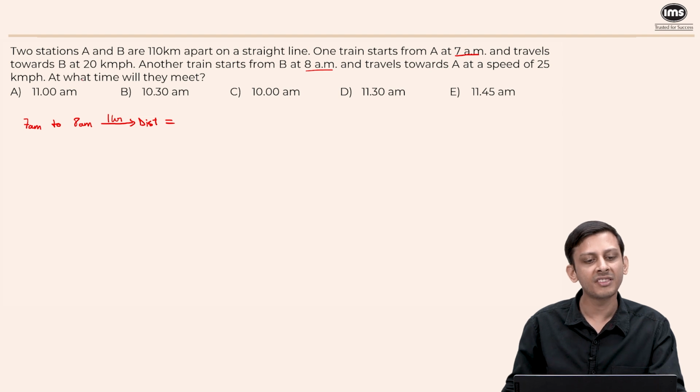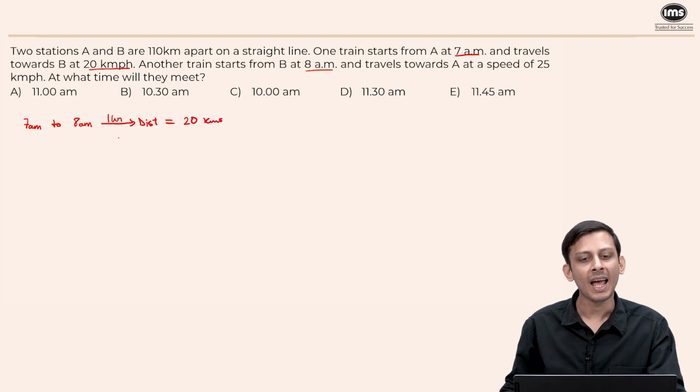So the speed of the first train is 20 kilometers per hour. So in the time of 1 hour, it will cover the distance of 20 kilometers. And the trains are traveling towards each other. So the first train will reduce the gap between them by 20 kilometers. And now the distance between them at 8 a.m.